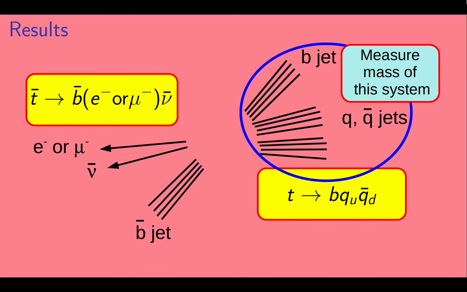But on the other side of the event, you have a top quark that went to 3 jets. So in principle, you can measure the mass of that system. This is easier said than done, of course, in part because you have to make sure that you choose the right 3 jets to reconstruct the top quark. So this picture is a bit idealized compared to what CDF and D0 actually did.